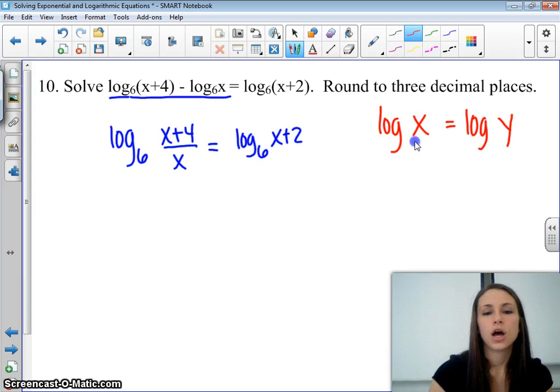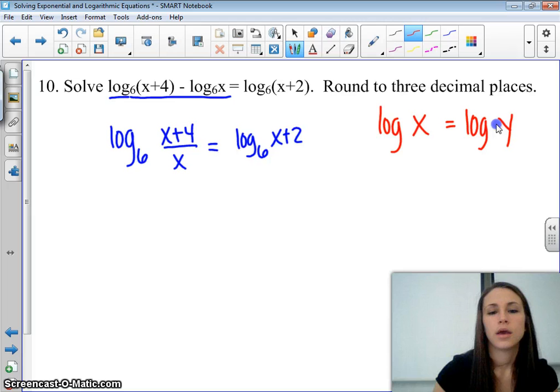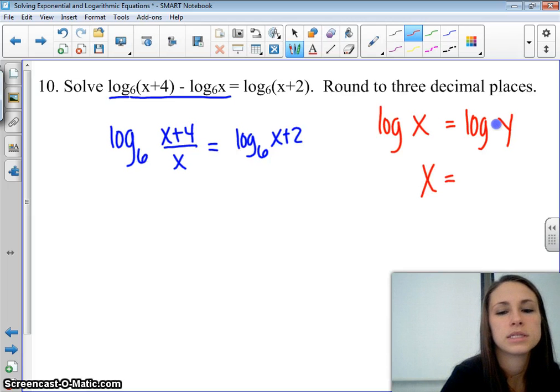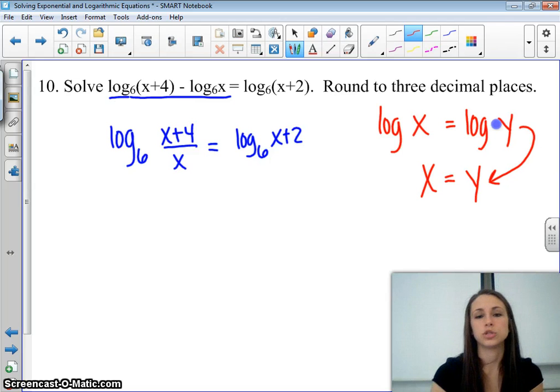But if I have log of this equals log of that, then I know that this has to equal that. Whatever's inside the first log has to equal what's inside the second log. So one log has to be on one side of the equal mark, and one log on the other side. That's the exact same thing that I've got right here.